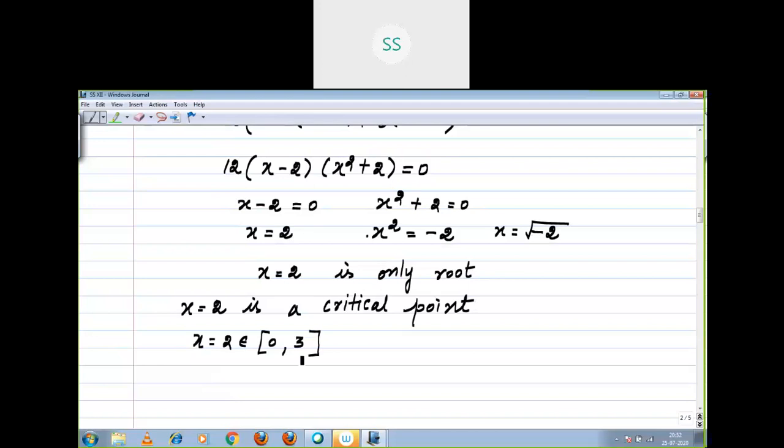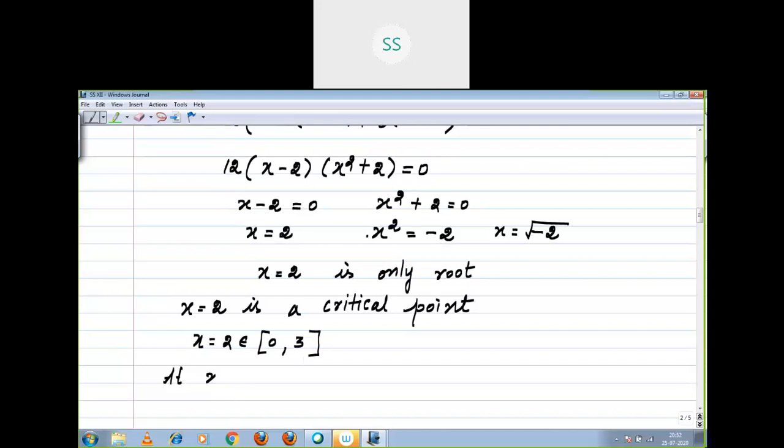If the interval is given, and maxima minima is asked in the question, it means absolute maxima and absolute minima. How to find absolute maxima and absolute minima? You have to substitute the critical point and the end points of the interval in the given function, right?